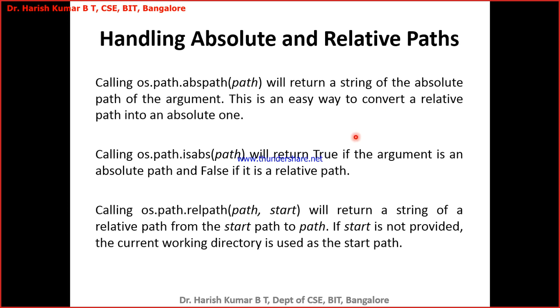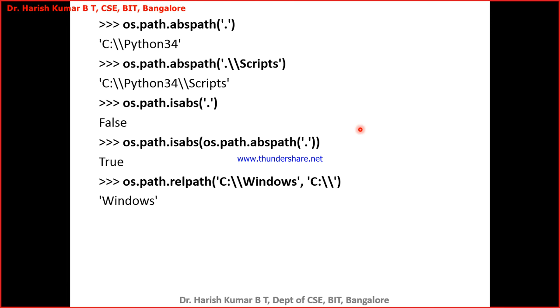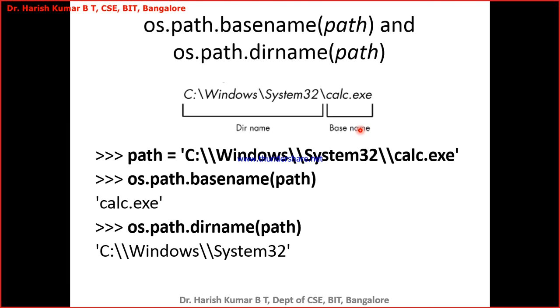So then you understood how to handle absolute and relative path names in Python, and how to check whether the path is an absolute path name or a relative path name.